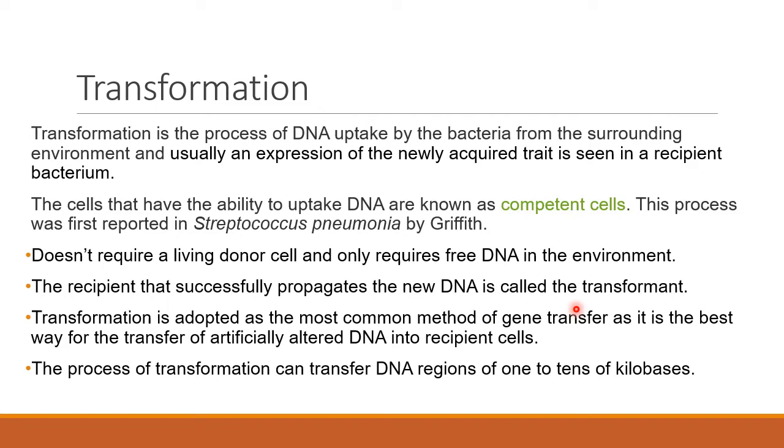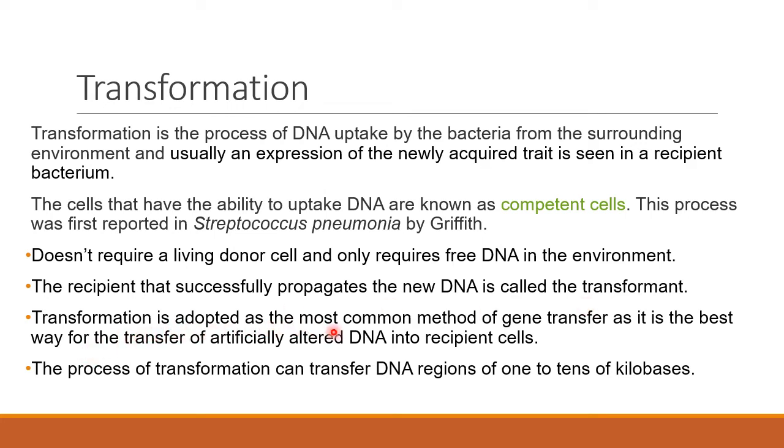So when the DNA is expressed, you can test whether your bacterial transformation is successful or not by performing some experiments. When those bacterial cells grow into a colony, you can term them transformants, as they have acquired the new DNA and it has been propagated.